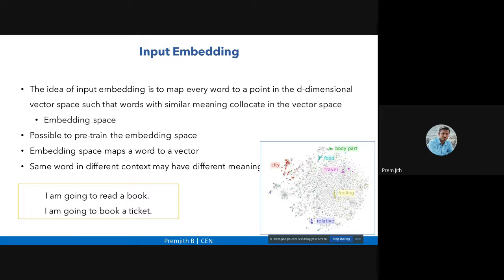So word2vec and fastText algorithms can generate only one representation for a word, and we have to assume that that representation contains all the meanings, or all the senses, of that particular word. But that is not a very good assumption, especially when it comes to Dravidian languages or Indian languages.